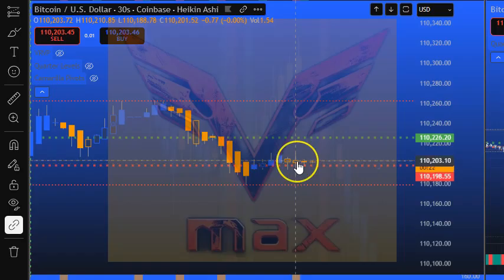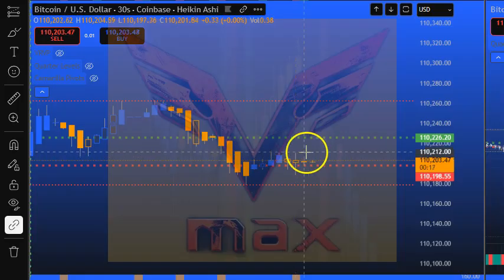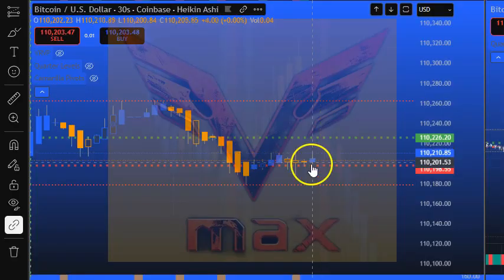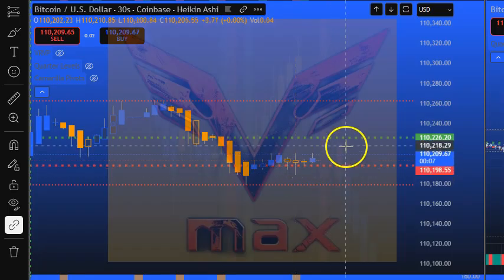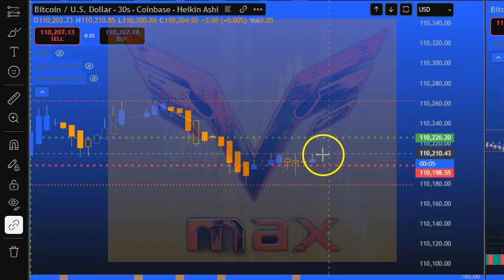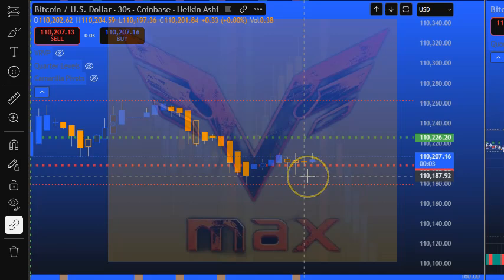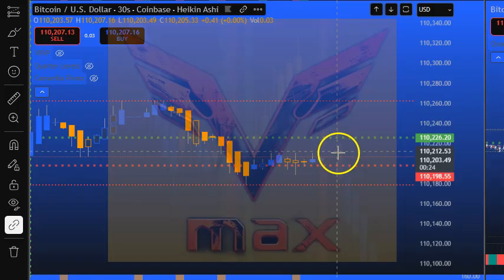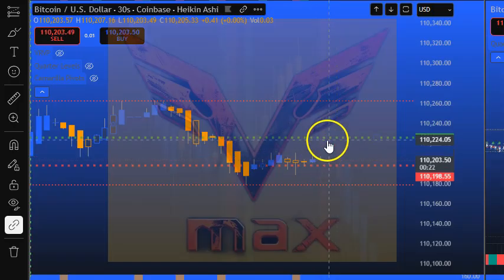Now you can set your stop loss at any range depending on your risk appetite. Your stop loss could be just above it, which means you're probably going to get stopped out more often than not. It can be just above it, or just below, or the center.